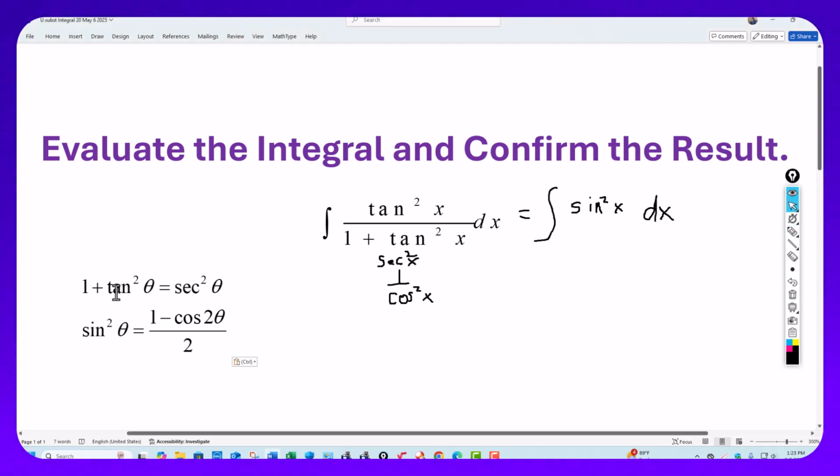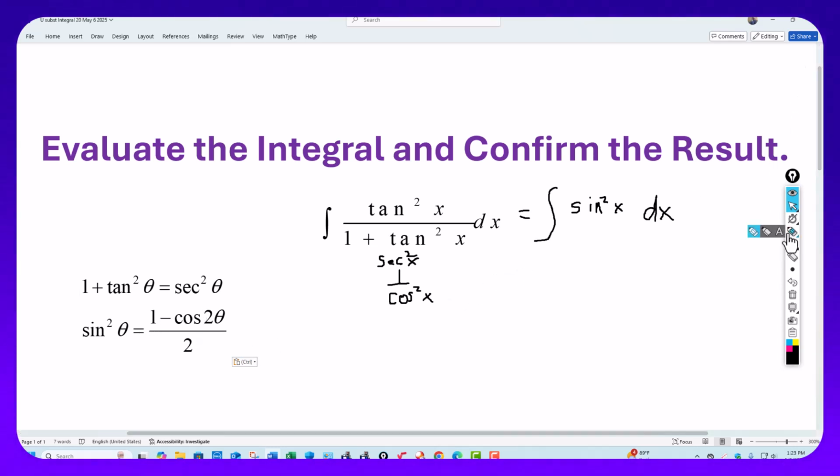And here are the identities we're going to be using. First one I've already used, 1 plus tangent squared theta is equal to secant squared theta. And then we have one for sine squared. Have a similar one for cosine squared. But here we have sine squared of the angle is 1 minus cosine 2 theta over 2.